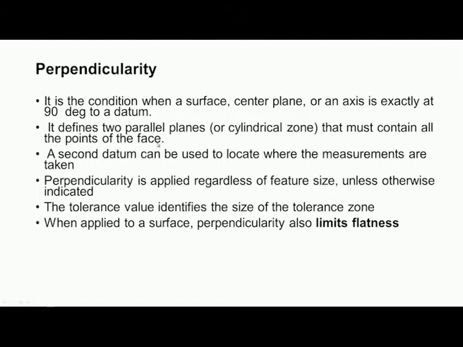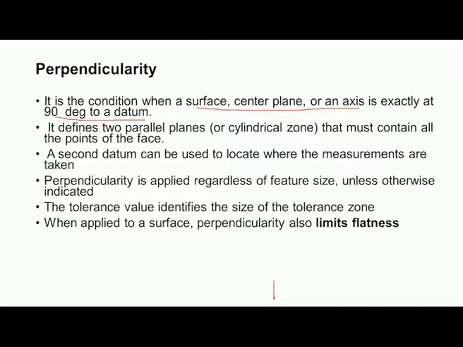Now, we will move to another geometric form, that is perpendicularity. It is the condition when a surface, center plane, or an axis is exactly at 90 degrees to the datum.